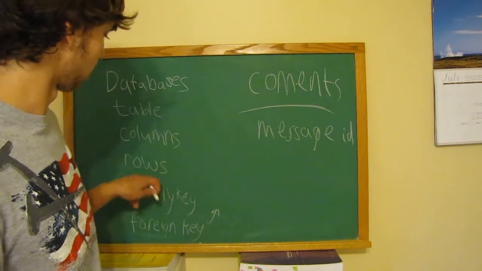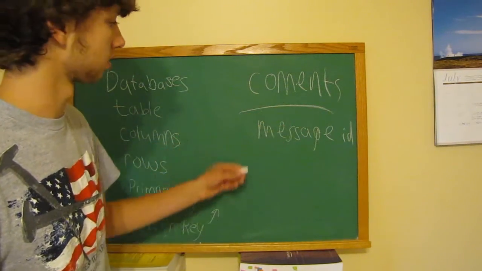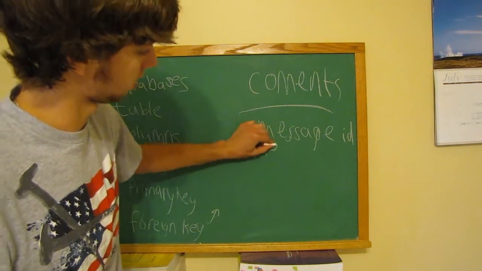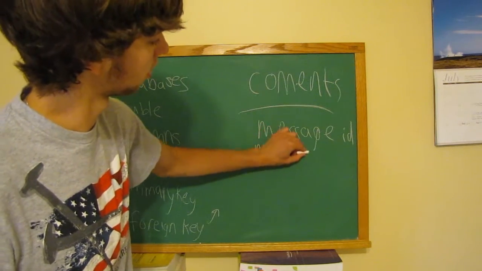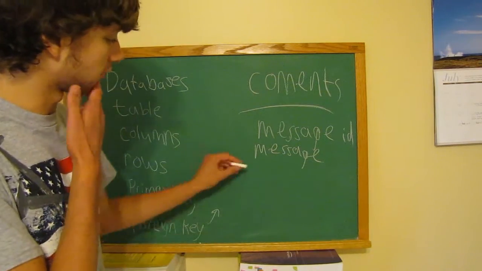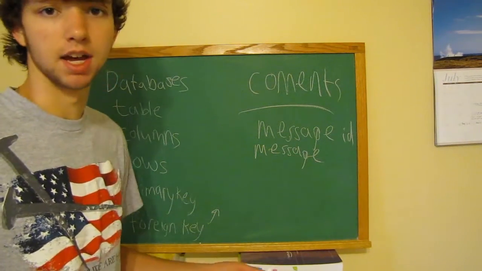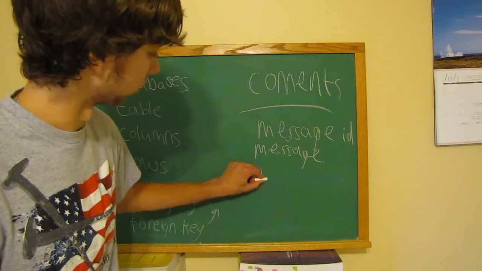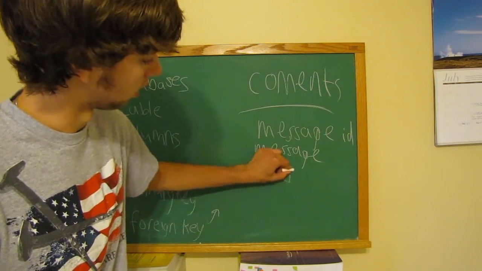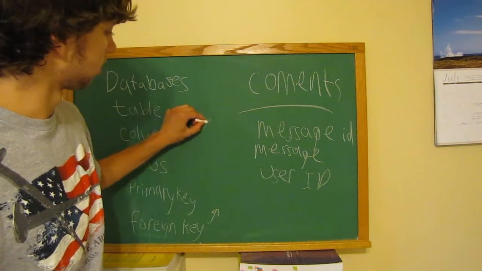A column stores individual values. Multiple columns make rows. So then the actual message is the next column. And then, who is the comment by? Instead of writing the username a billion times for each comment, you can just have it reference the user ID over in this users table.